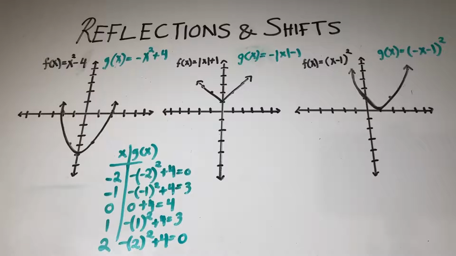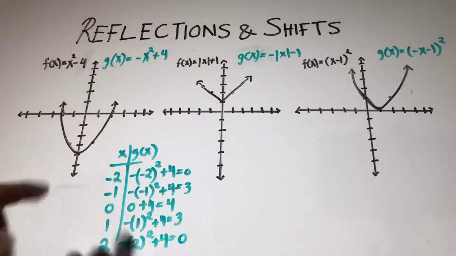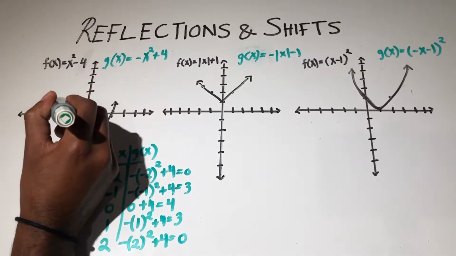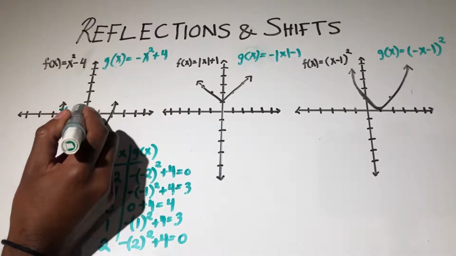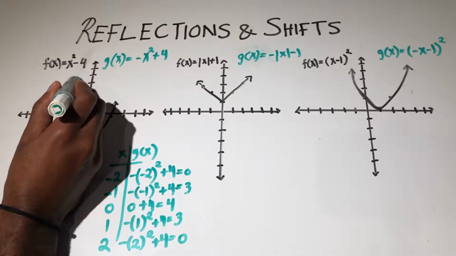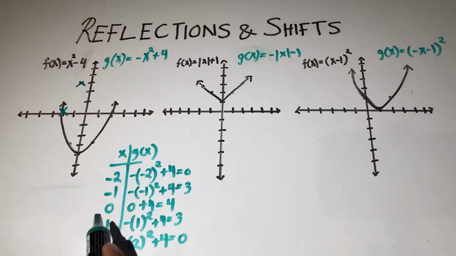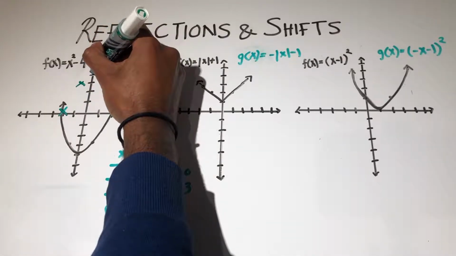Now we can go ahead and plot those points. Our first point is -2 and 0, so that's just here. We have -1 and 3, so 1 unit to the left, and then 3 units up. So that's somewhere here. We have 0 and 4, so we just move up 4 units.